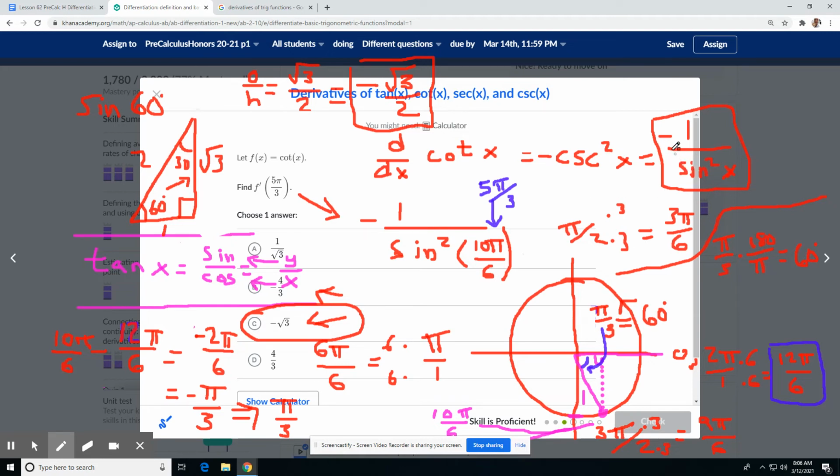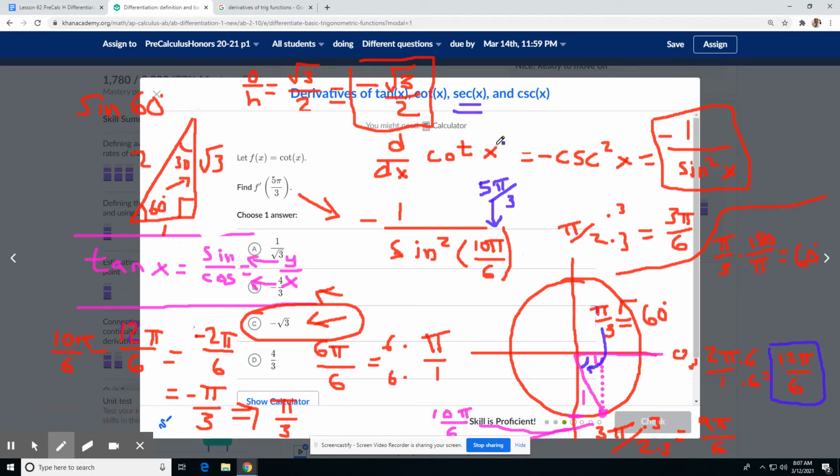So I found sine of 60 degrees right here, which is all my work was good. I found sine of 60 degrees in quadrant 4, which is this. And then I need to plug it into this formula now. Okay, boy, that was a close one. I almost clicked on the answer before I was ready. All right, good thing I went through it again.